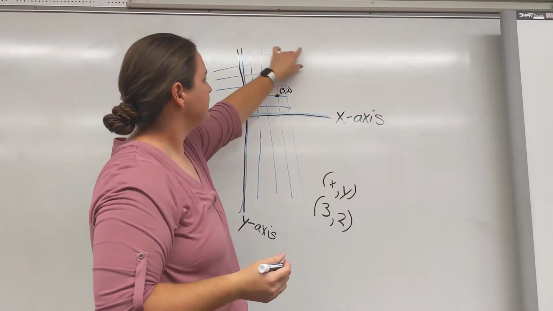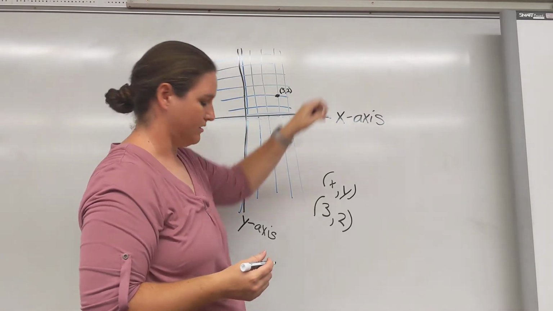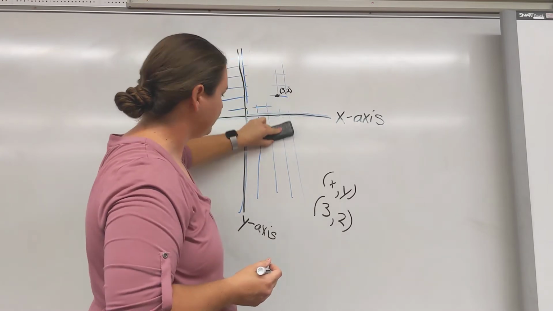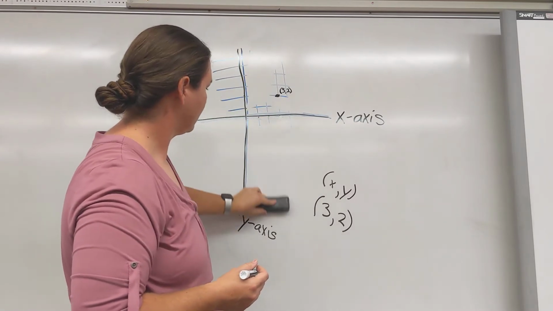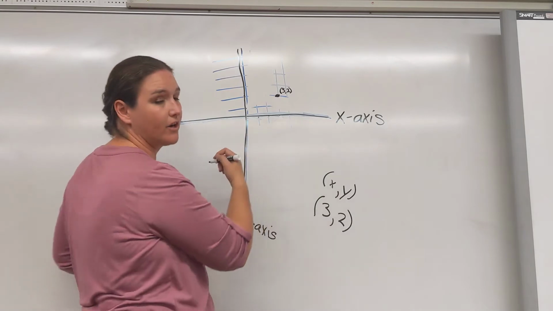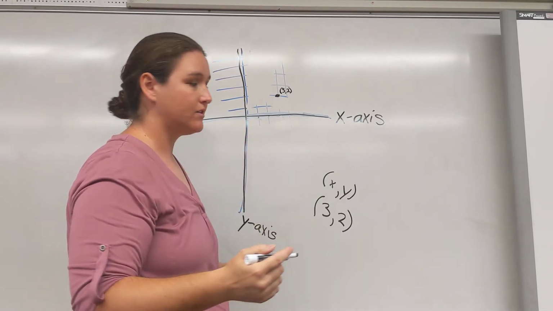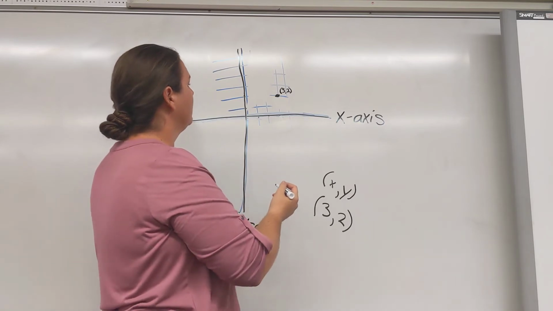Now, this box right here in our graph, right on our axes, is 0.